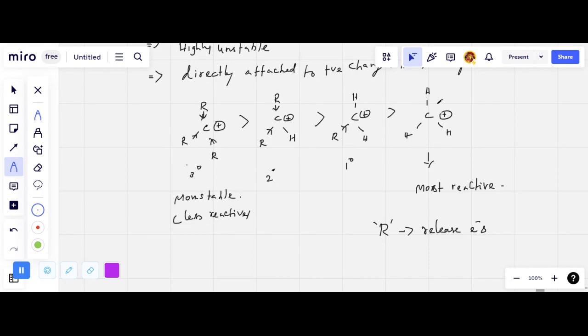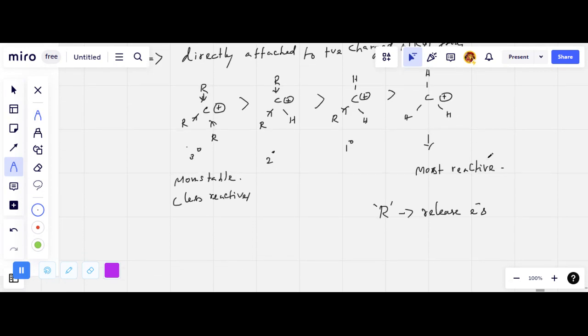If you take this one with all three hydrogens, it is the least stable because there is no alkyl group to release electrons to this carbocation, so it retains its positive charge. So it is the most reactive. So this is all about carbocations. I hope that you understood, right?